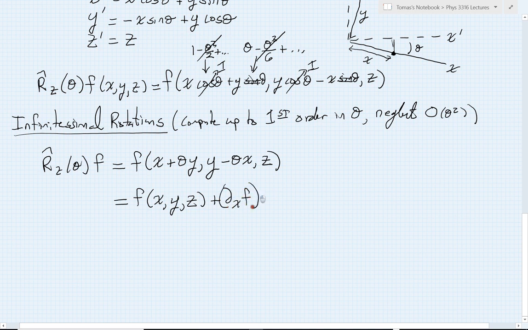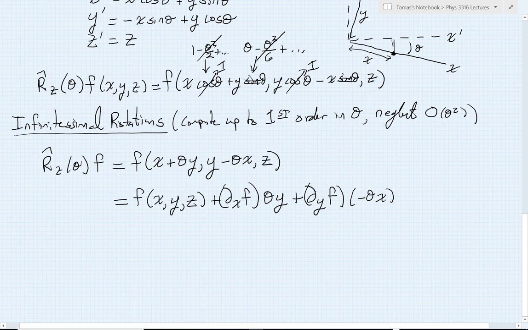I'm just Taylor series expanding this, times the small change in the x-coordinate, which is actually theta times y, plus then also there's this change, and the rate of change of f with respect to y is known as partial f, partial y, and that's multiplying this small amount of change, which is minus theta x.